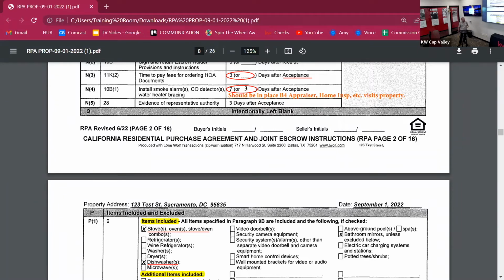If the water heater isn't strapped, or there's a missing CO detector, or smoke detectors missing or not working, the appraiser is going to say, I can't complete my job. I'm going to need to come back and verify after these things were added, put in place.